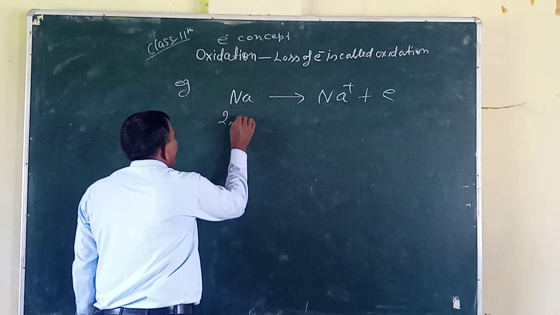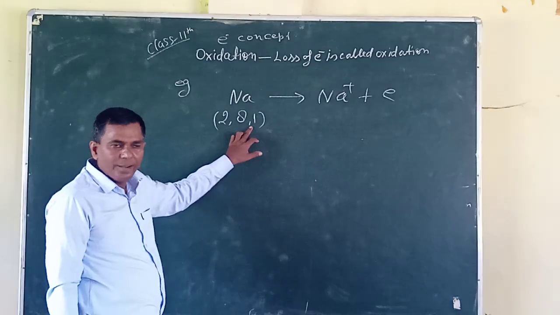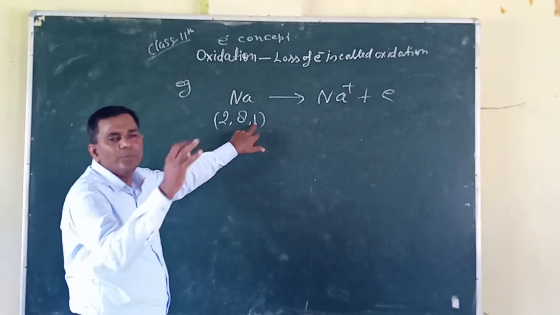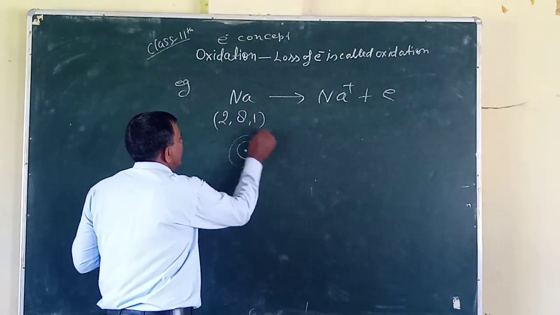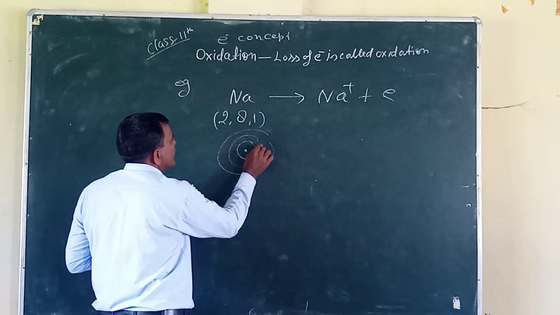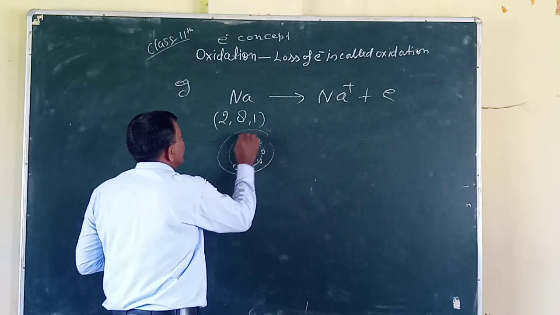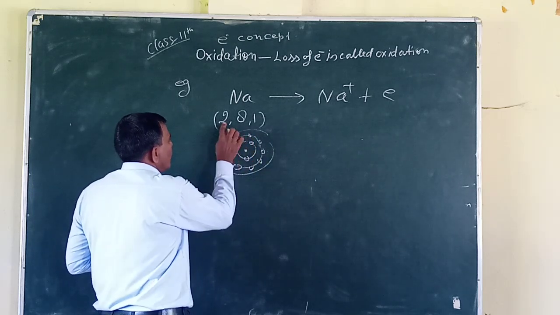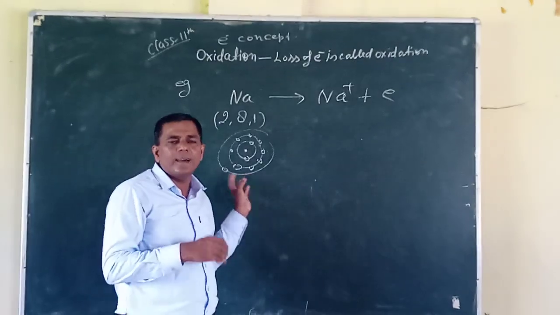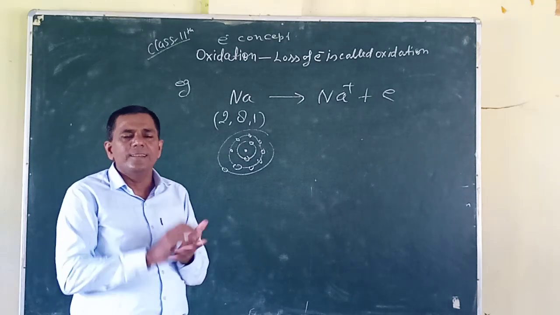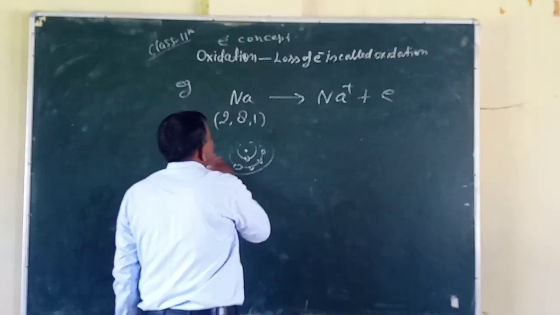Because the electronic configuration of sodium is 2, 8, 1. The outermost shell electron is removed, and then it is called the oxidation process.